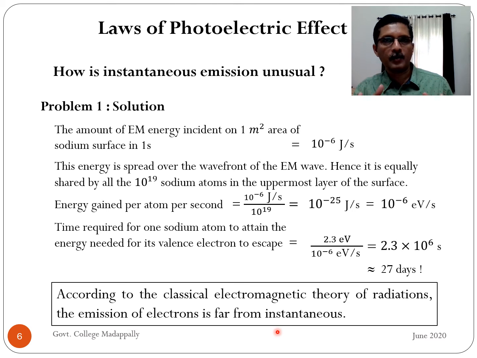According to our calculation, it may take 27 days for one electron to escape the sodium surface, with this particular source. But what is the experimental finding? Once the radiation is incident, within a nanosecond electrons are ejected. So it is almost instantaneous emission. So there is a drastic contradiction between our theoretical model and the experimental finding.